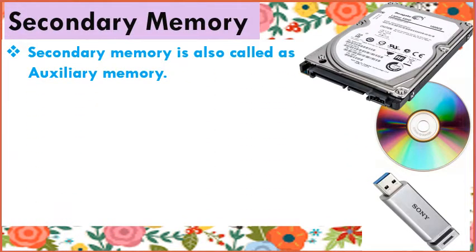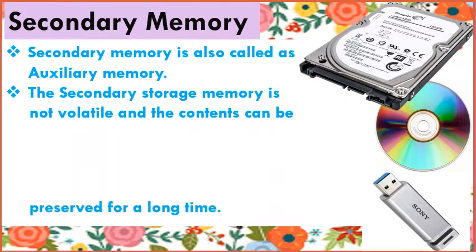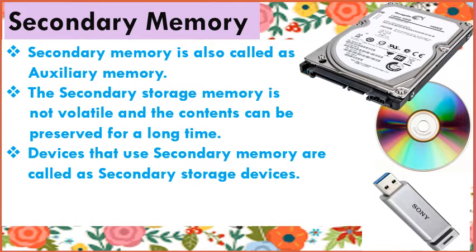Now, let us see what is a secondary memory. To preserve the contents for a long time, secondary or auxiliary storage is needed. Secondary memory is also called auxiliary memory. The secondary storage memory is not volatile and the contents can be preserved for a long time.